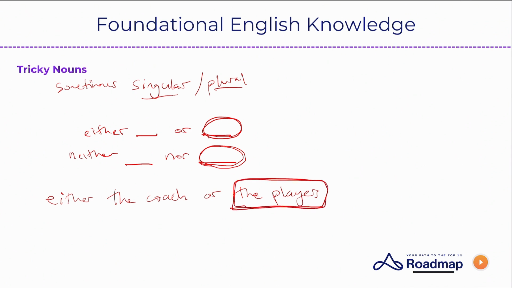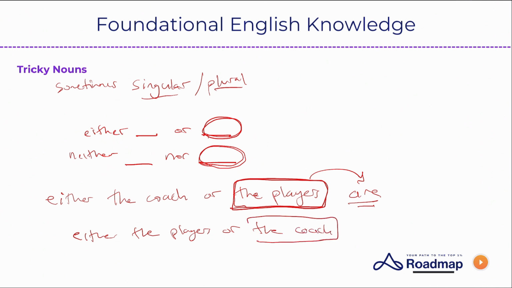But if you have it flipped around, if you say either the players or the coach, then you have to consider this to be a singular subject, because the coach comes after the or, closest to the verb, and the coach is singular. So you want to say either the players or the coach is. Isn't that kind of interesting? The English language can get kind of funky, right? That's the same thing with neither nor as well.